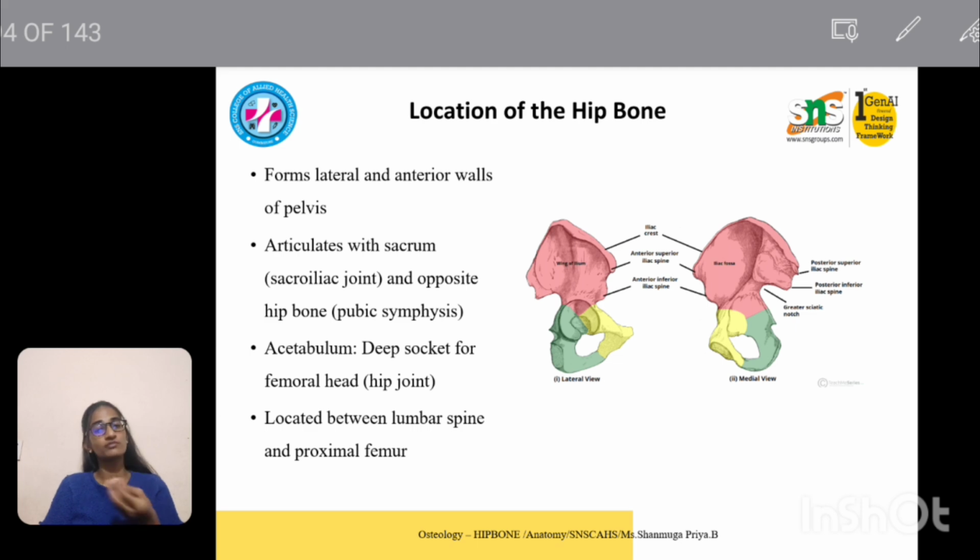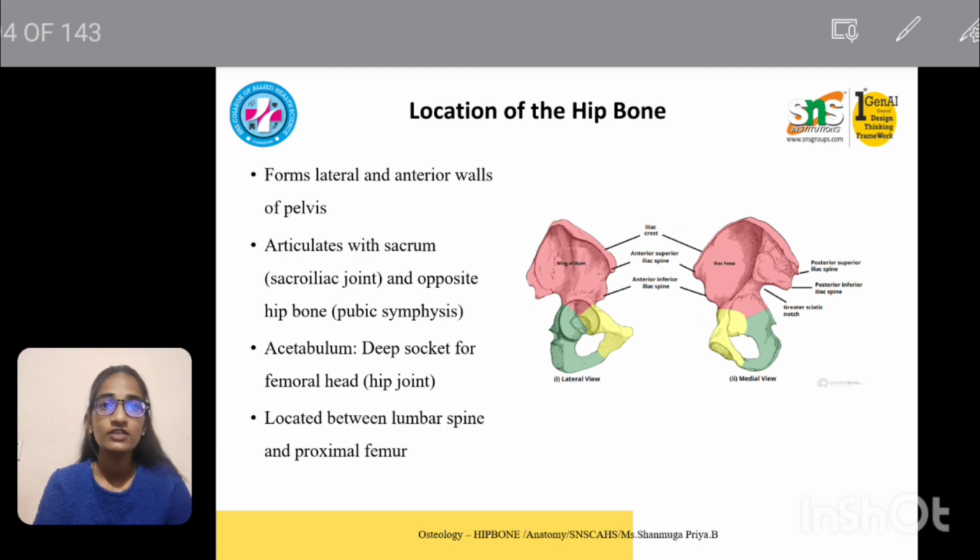Overall, it is positioned between the lumbar spine superiorly and the proximal femur inferiorly. Refer to the illustrations here showing the lateral and medial perspectives for better visualization.